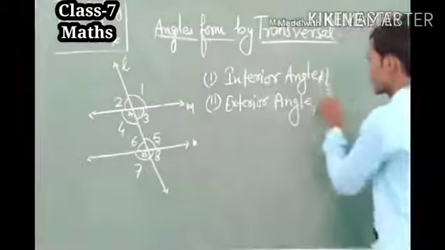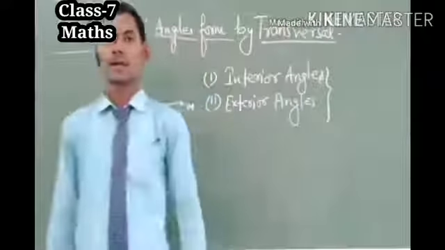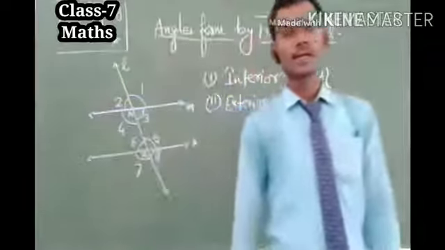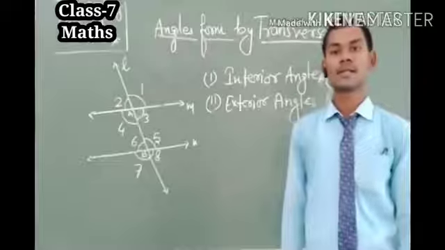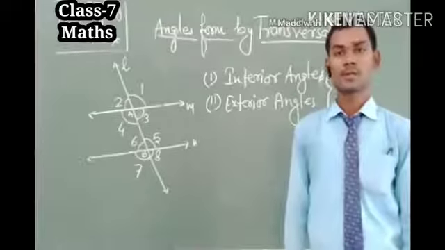The angles formed by a transversal are of two types. The first one is interior angles and the second is exterior angles. Now let us see what an interior angle is.